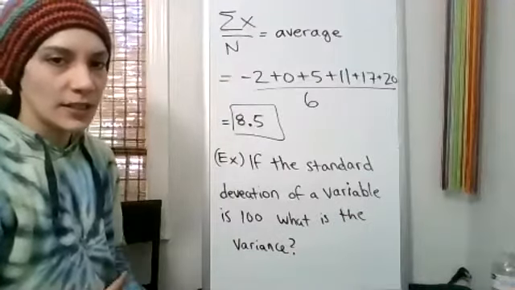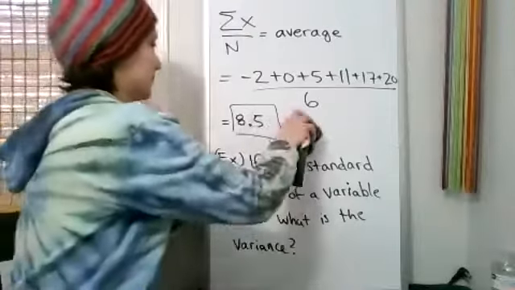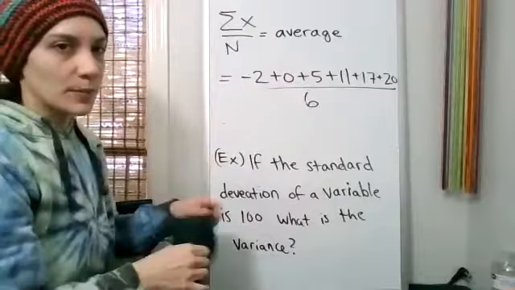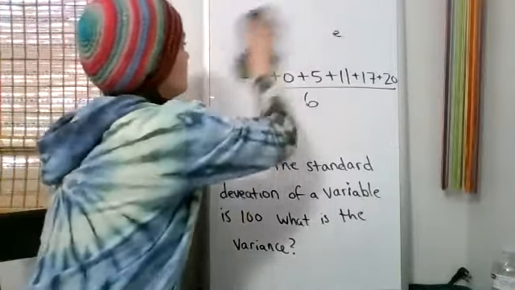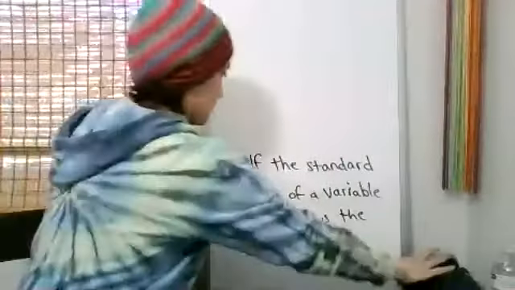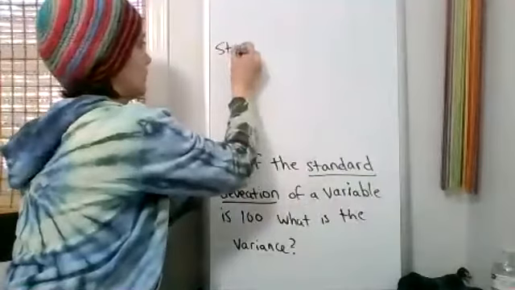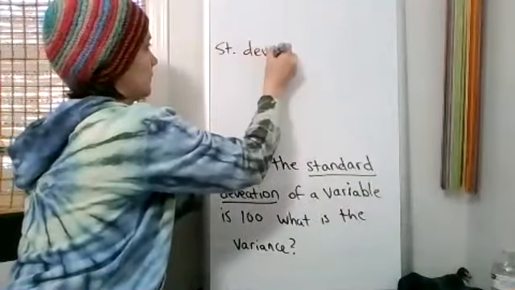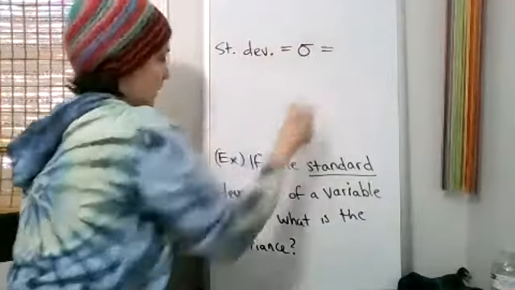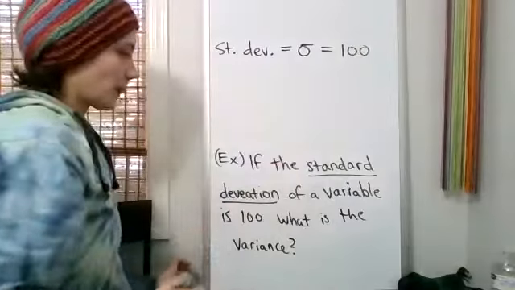Okay, standard deviation equals 100. The symbol for standard deviation is sigma, as a symbol, and it is the number 100.